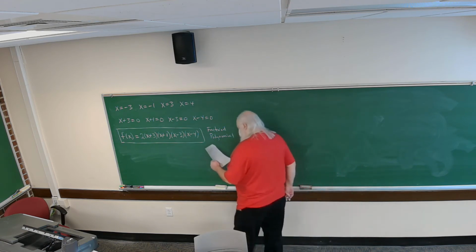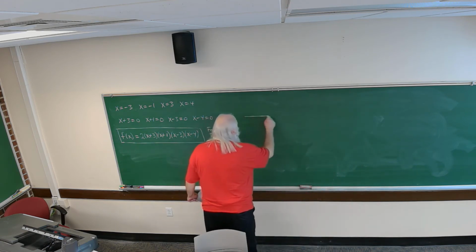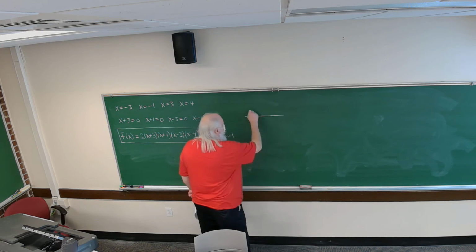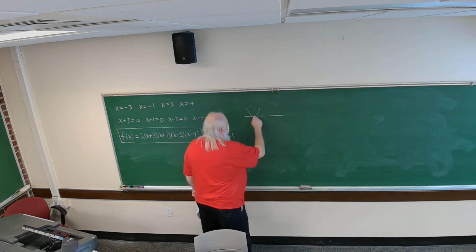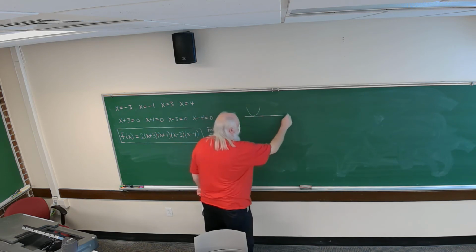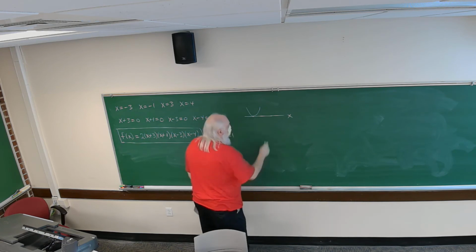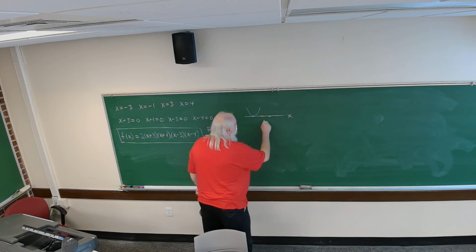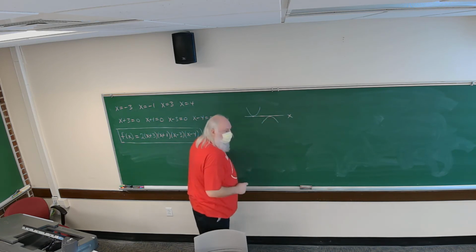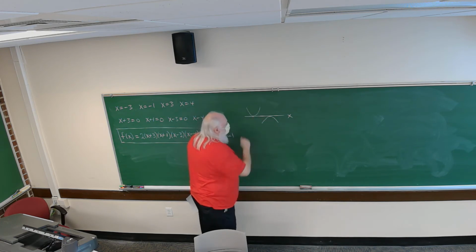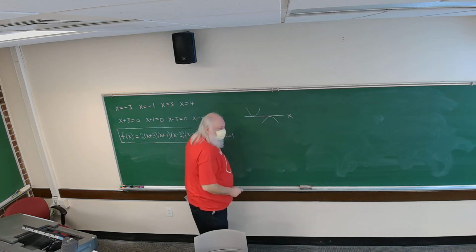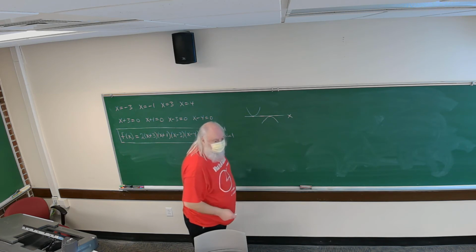If the multiplicity is even, here's the x-axis, then in the graph of the polynomial, it'll just touch and turn, right? Either way, okay? Either above the x-axis or below the x-axis. The graph will just touch and turn, okay?